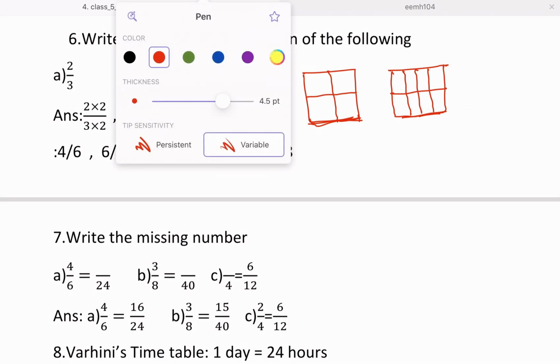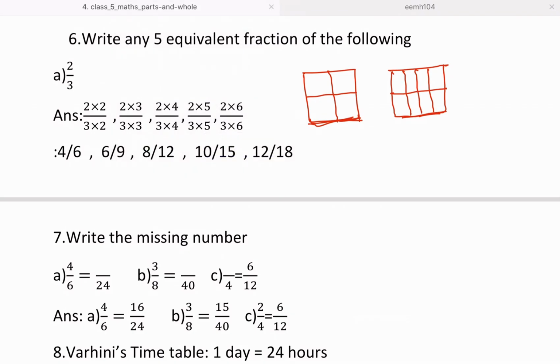Now take one piece. How will you denote it? It will be denoted by 1 by 4, and in another we shade 2 parts.